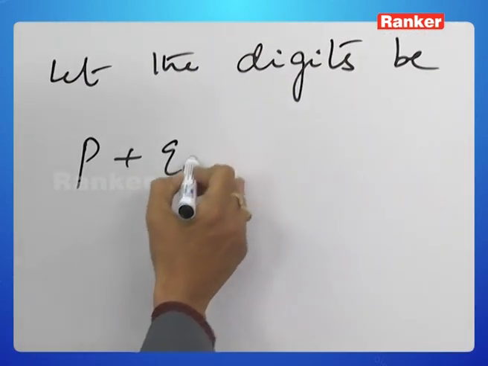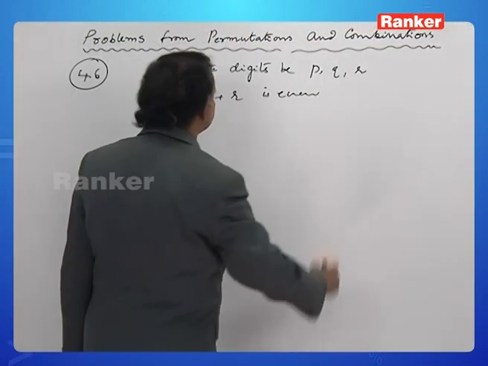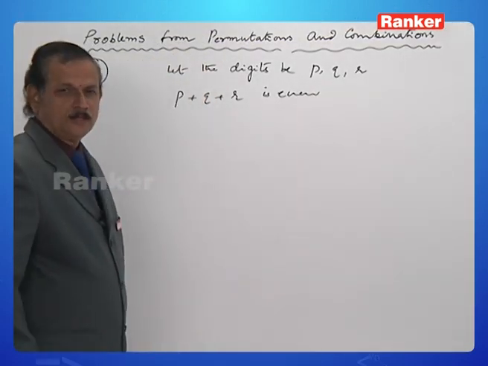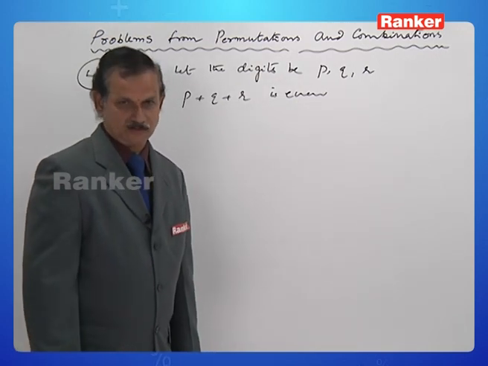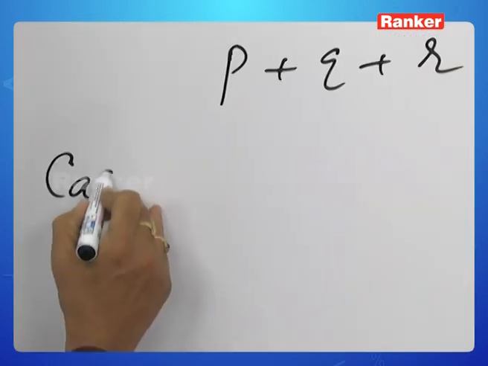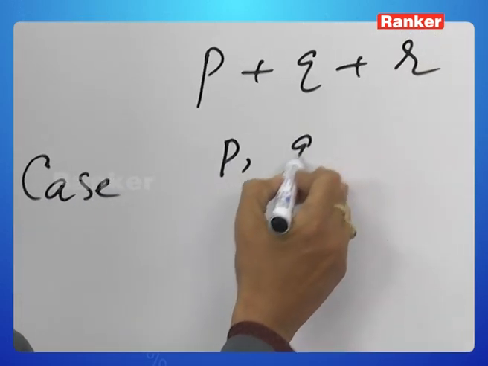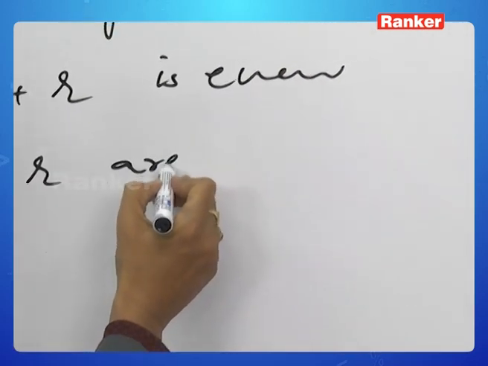P plus Q plus R is even. This can be divided into 3 or 4 different cases. What are the cases? Case 1. P, Q, R are all even.